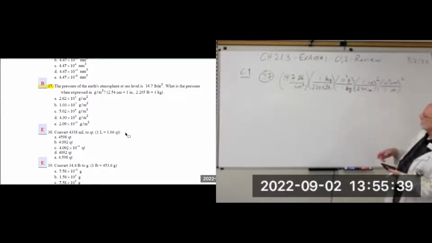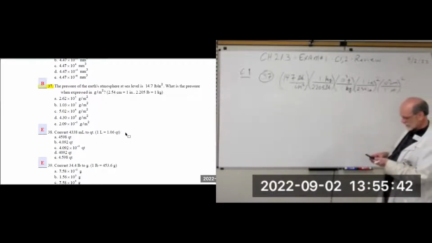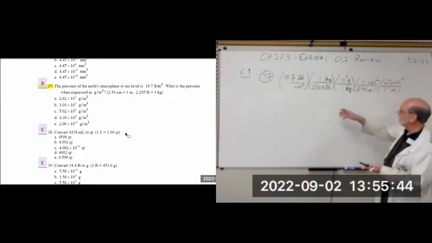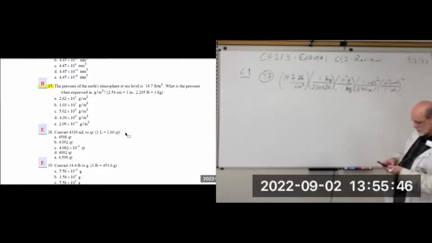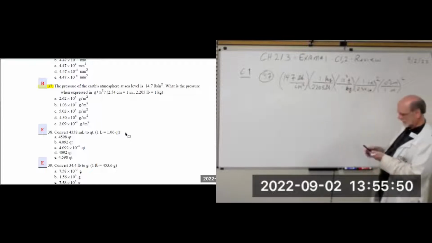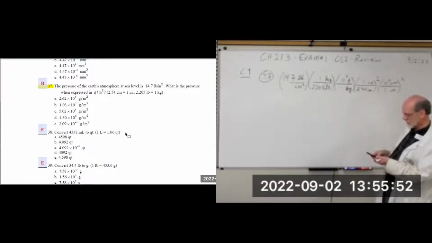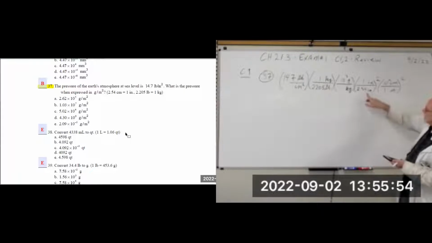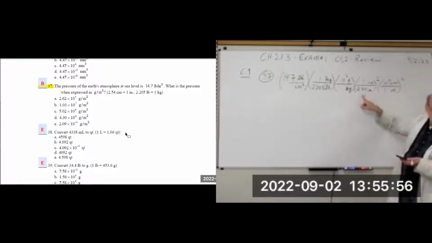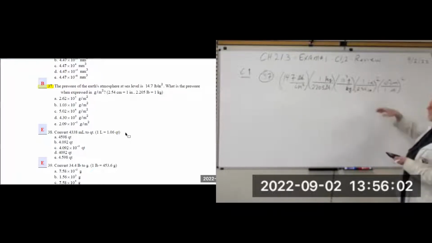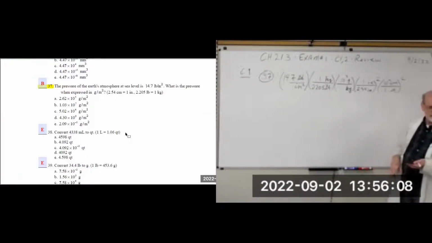Okay, so we need 14.7 divided by 2.205 times 1,000 divided by 2.54 squared, and times 10 squared. So what's 10 squared? 10 to the fourth.